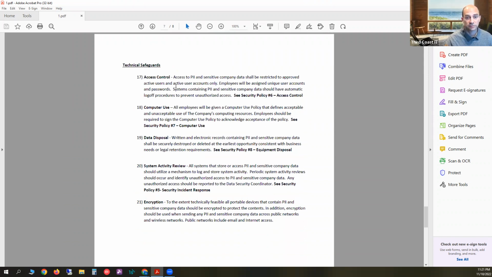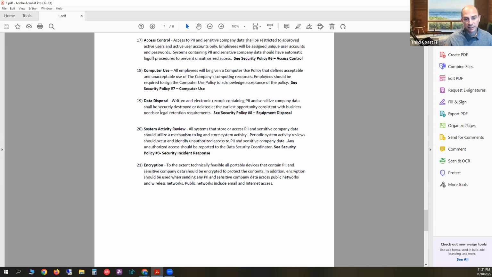Access control, 2FA, complex passwords, computer use. We do need an acceptable use policy, so people understand that business computers are for business use only. Data disposal, don't have old stuff hanging around.